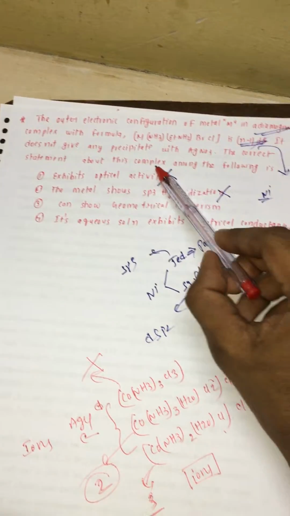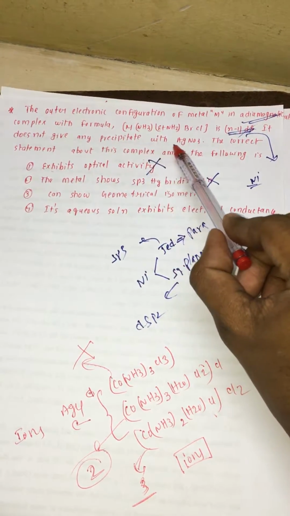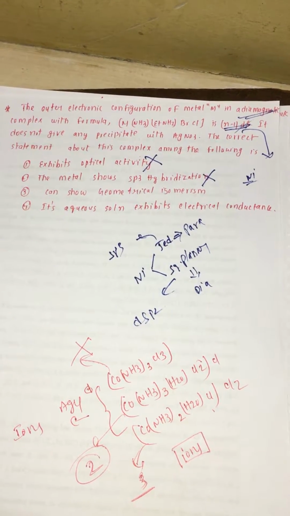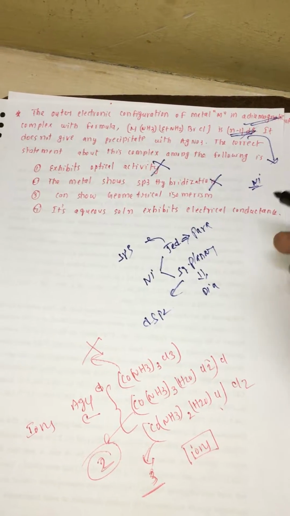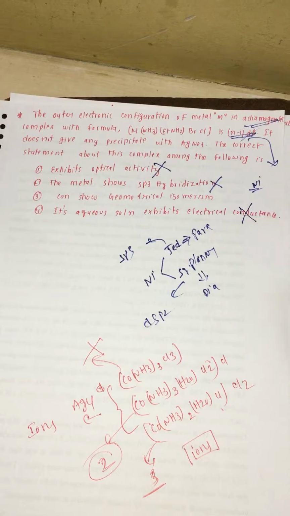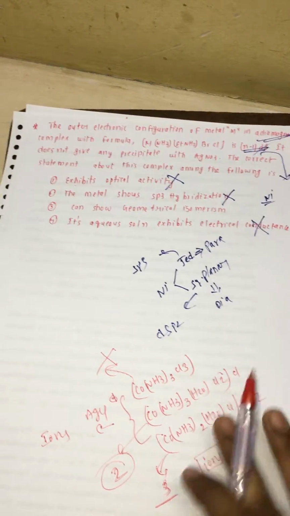In the question he said that it does not give any precipitate with AgNO3, which means it's not able to form any ions. So from that knowledge we can knock out this also, and the only remaining option is C.